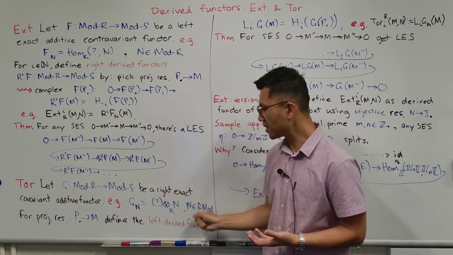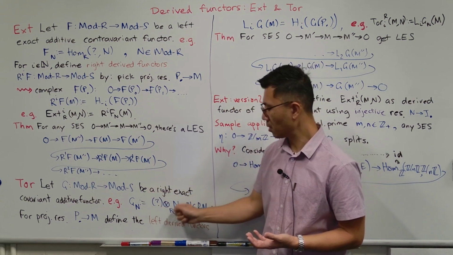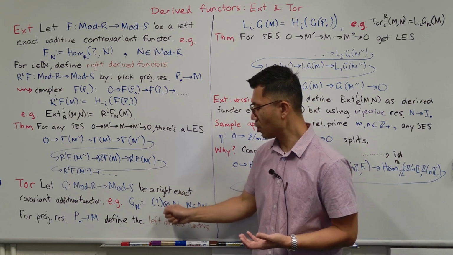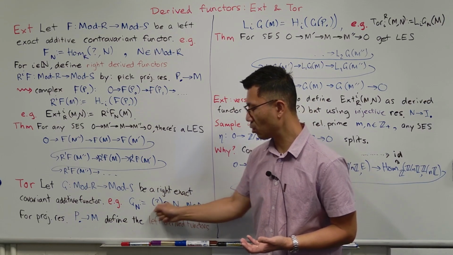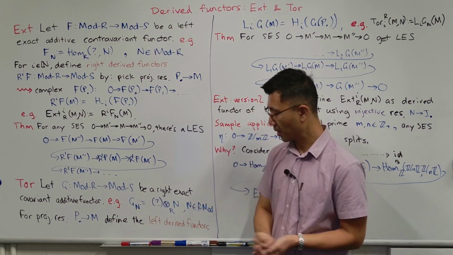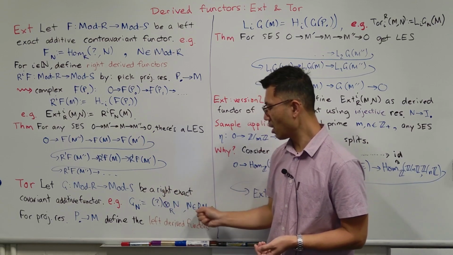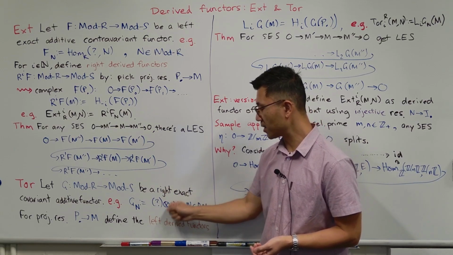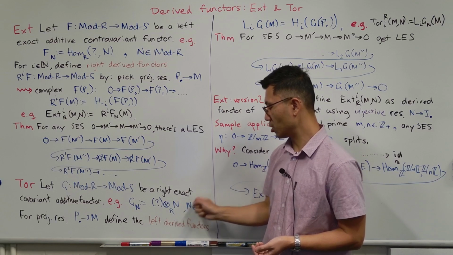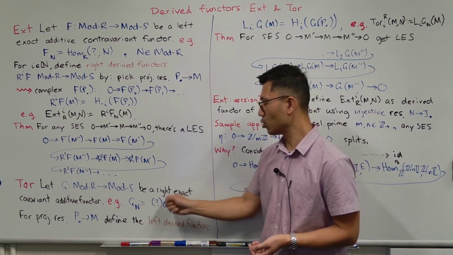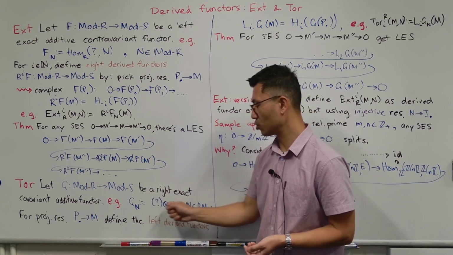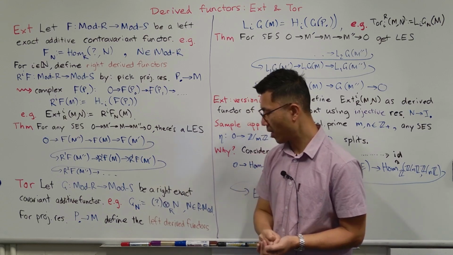If you fix any left R module, you can tensor it with a right R module to get an abelian group. More generally, if this is an RS bimodule and you tensor it like that, you will get a right S module when you tensor it with a right R module.